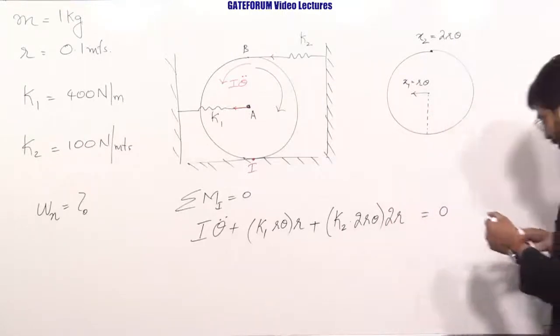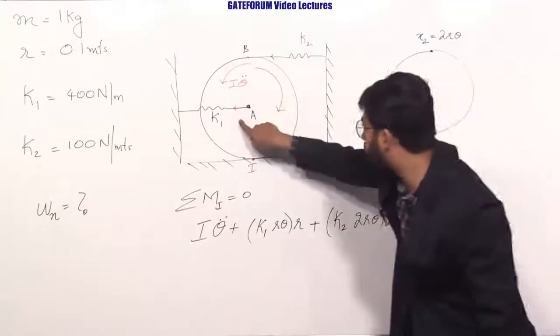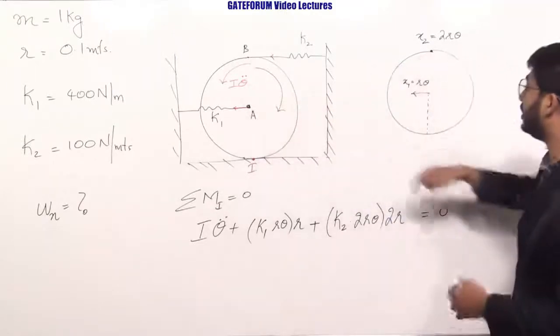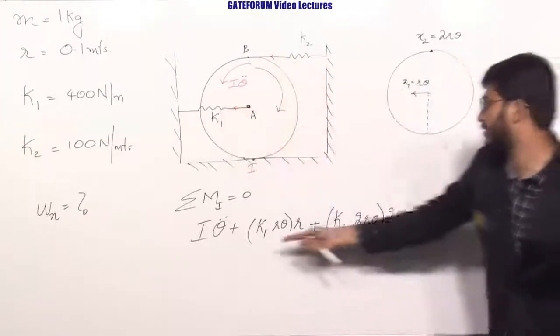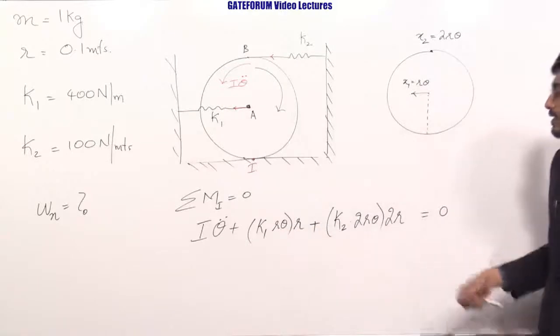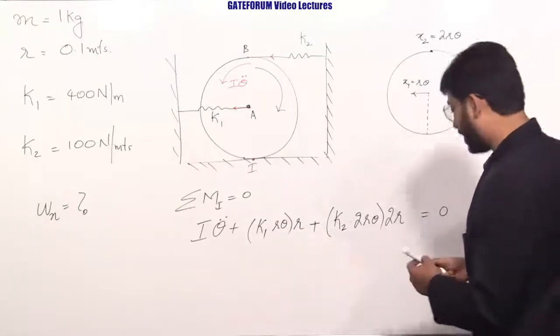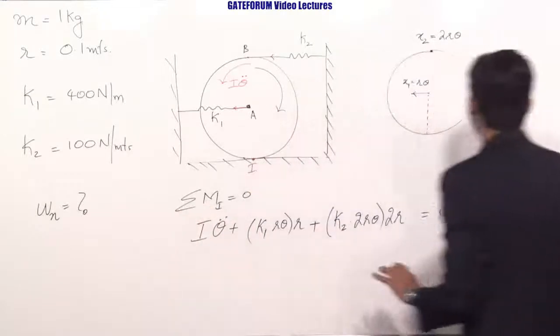All the forces, if you analyze from here, the restoring torque, the spring force, and the spring force of spring K2 are acting in the same direction. So now I need to take moments about the instantaneous center.